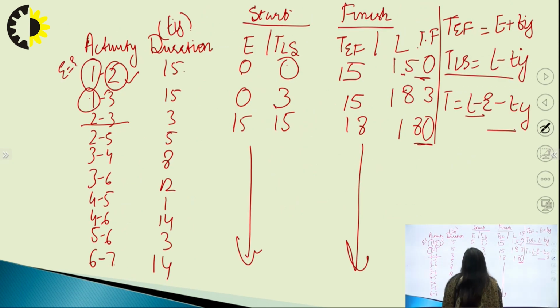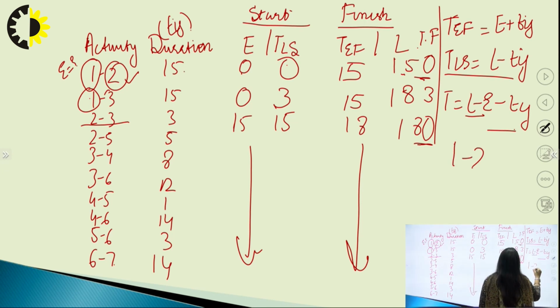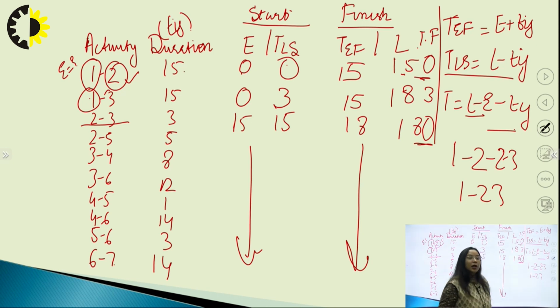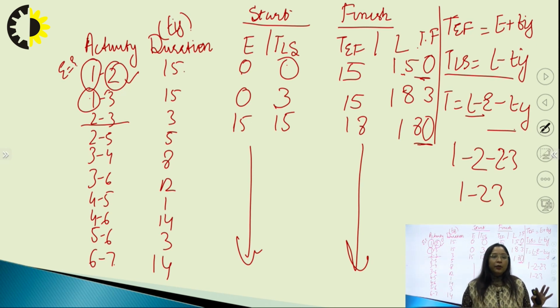Where the total float is 0, that activity is a critical activity, 1-2 and 2-3. Similarly, we can find out the other activities. In this way, we can find the critical path in the whole project.